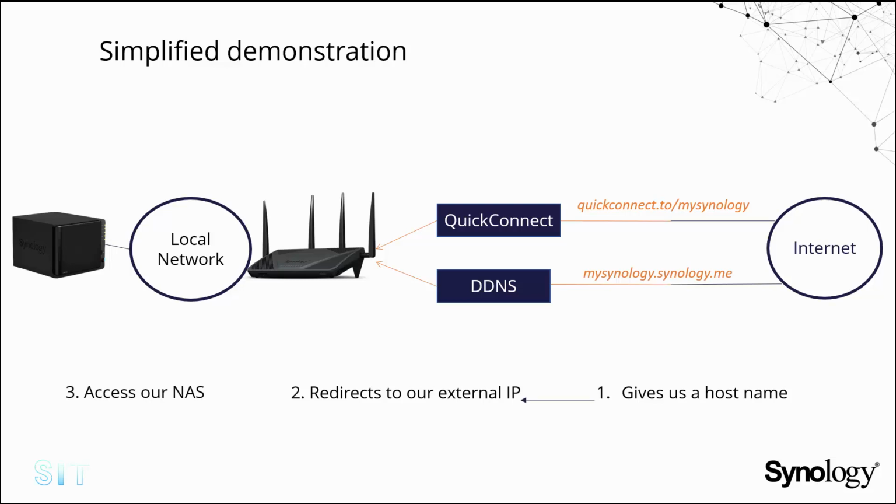And this includes IPv4 addresses that are not fixed and change more often. So we just have to remember the DDNS host name or the QuickConnect ID, and the respective Synology service connects us to the current external IP and thus to our disk station.